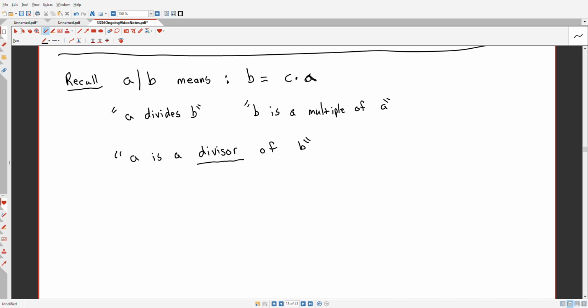It's a little easy, at least for me, to get tripped up when we start thinking about divisors for not just integers, but specifically for positive integers.